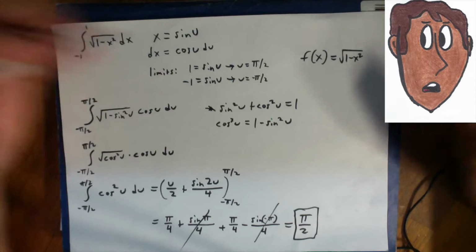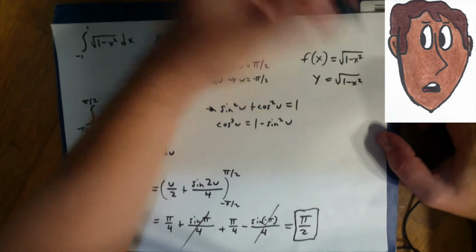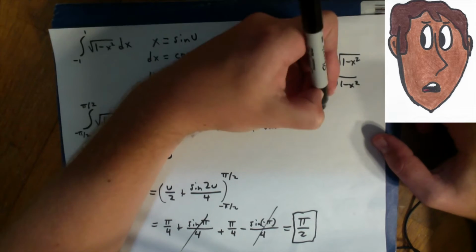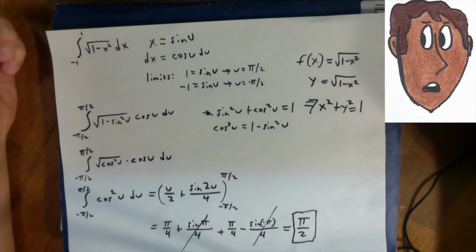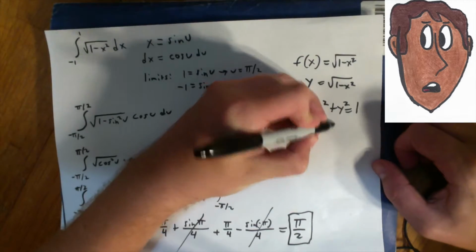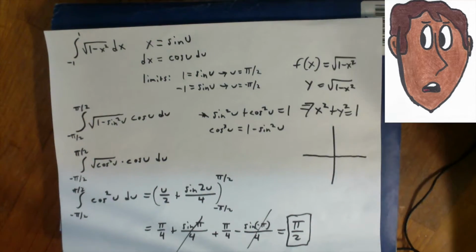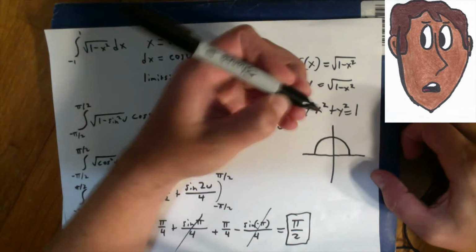So I could even rewrite that as y equals square root of 1 minus x squared, which is actually the same as x squared plus y squared equals 1, which is the equation for a circle, right? So if we draw a graph, and if we just use the positive terms here, we have a circle of radius 1.